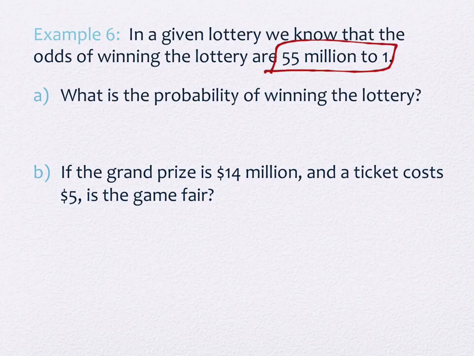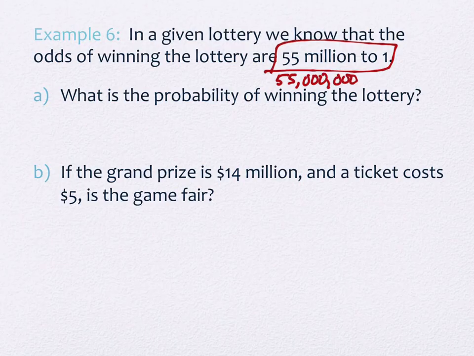What do you think, Avery? It's part to part. So we've got 55 million, we've got 1. Who's the winner? The 1. The 1 is the winner, and that means there's 55 million losers. Everybody with me on that? So you have 1 winner, 55 million losers, and do keep in mind that they've used this 55 with the word million afterwards, but that means like this, right? Correct? That's 55 million in its numerical expansion instead of its language expansion.